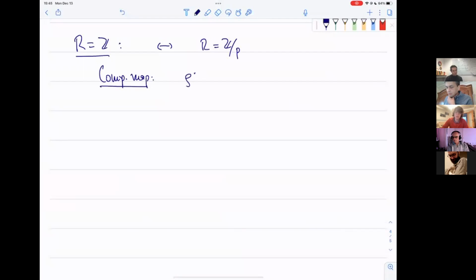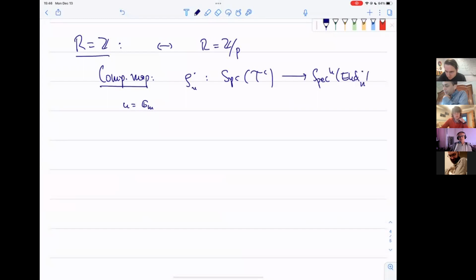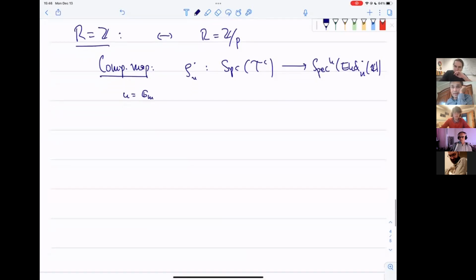If you look at this comparison map again for the invertible being G_m, which is still invertible in here, to the homogeneous spectrum of the endomorphisms of the unit, right? So in this case, this will be surjective here too, in the integral case.